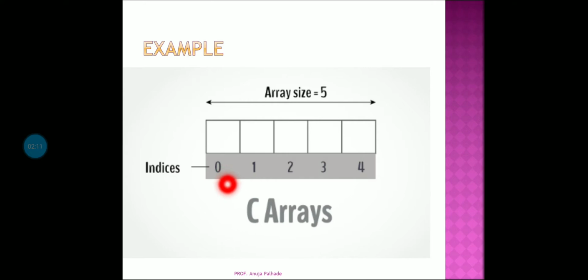The size of the array is upper bound plus 1, that is 5. This is 1 block, 2 blocks, 3, 4 and 5. Though the size is 5, your upper bound is 4, because your indexing starts from 0. We call these indices, and this is the array size.